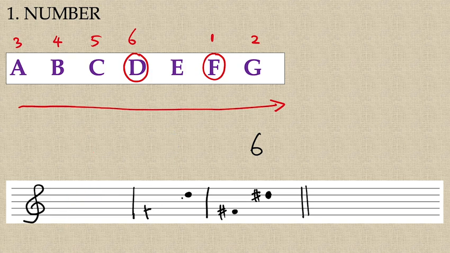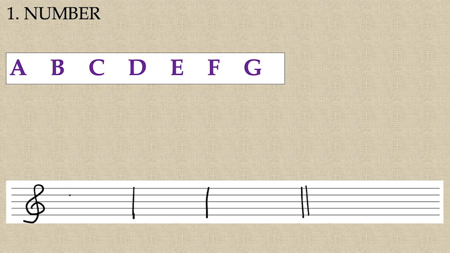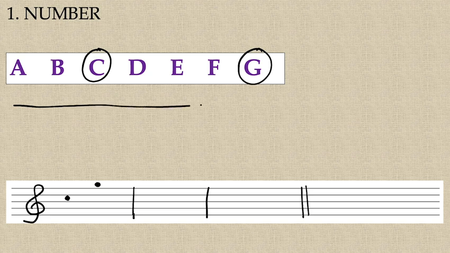Let's do more examples. Let's say C to G. We'll count from the bottom note, which is C. This is the top note, G. When we count from the bottom note to the top note, we count from left to right on the musical alphabet. So starting from C, 1, 2, 3, 4, 5 to G. So this is a 5th.